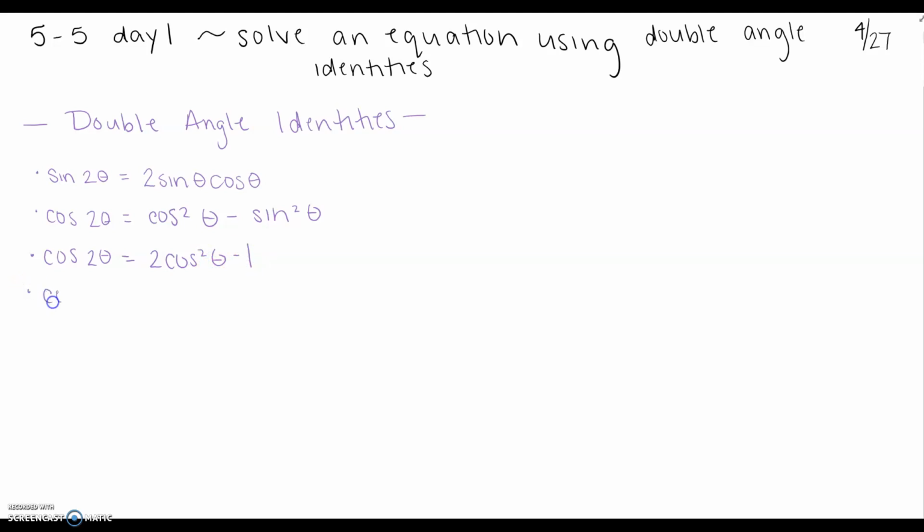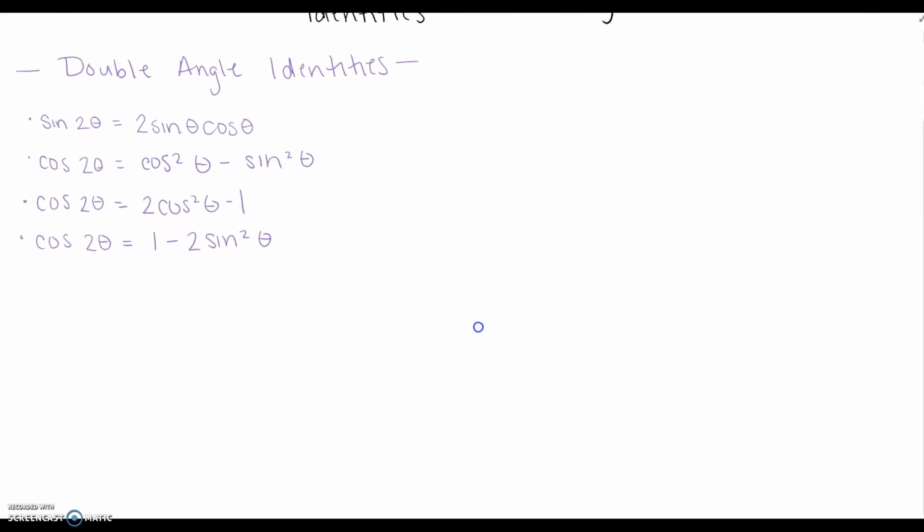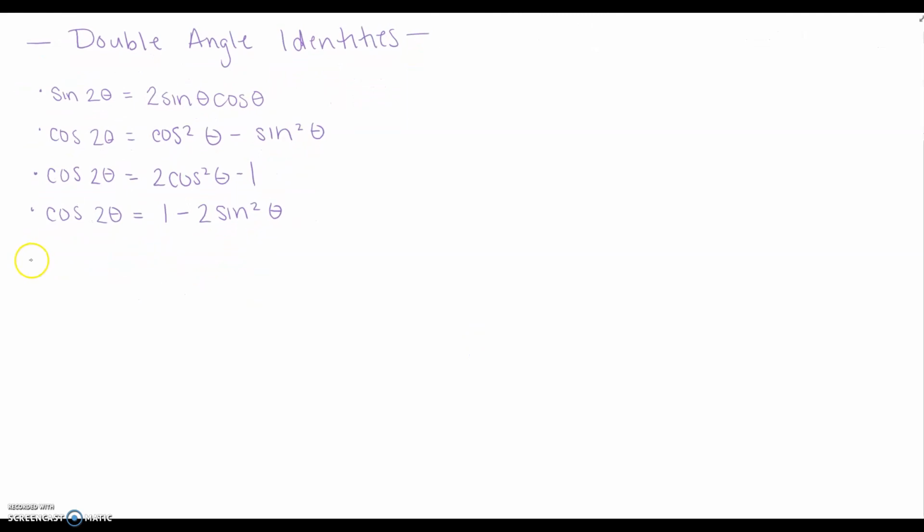And cosine of 2 theta equals 1 minus 2 sine squared of theta. And then the tangent double angle: two tangent of theta all over 1 minus tangent squared of theta. So those are the double angle identities.